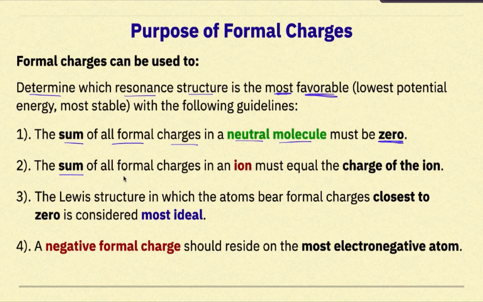The sum of all formal charges in an ion must equal the charge of the ion. The Lewis structure in which the atoms bear formal charges closest to zero is considered the most ideal. And a negative formal charge typically, not always, should reside on the most electronegative atom.